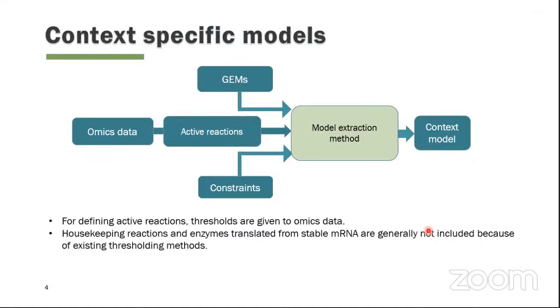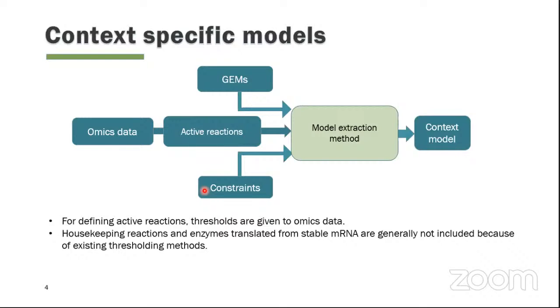So we have our genome scale models in hand, and there are many algorithms developed to filter out the context irrelevant reactions and finally get the context model. These algorithms have requirements, which are constraints, as we defined before, the flux constraints, which we can give if we have exometabolomics data, or even domain knowledge.